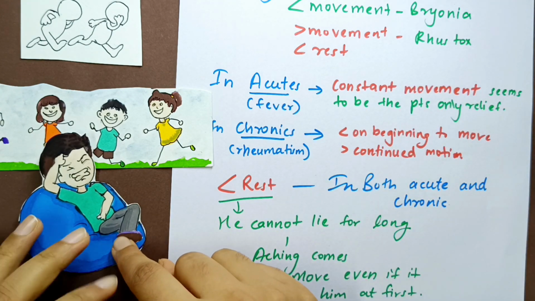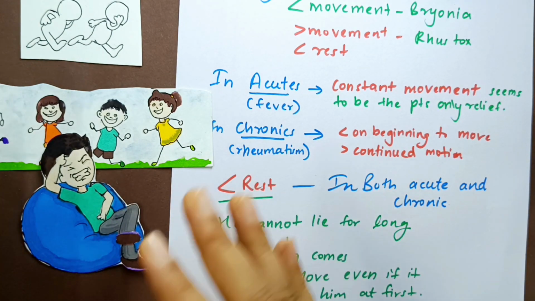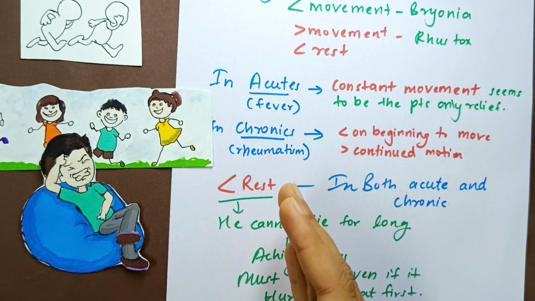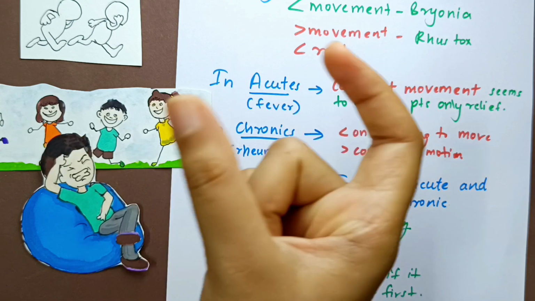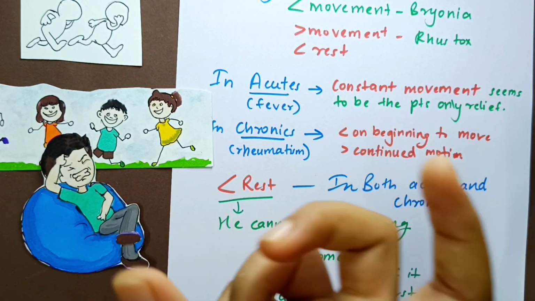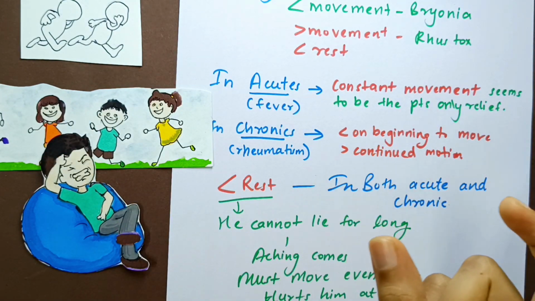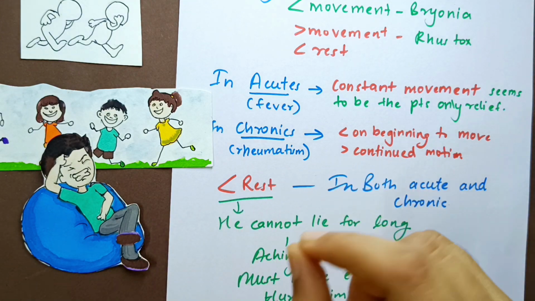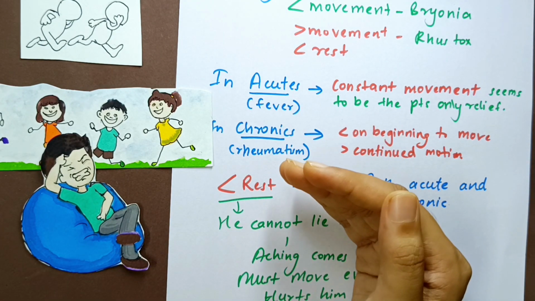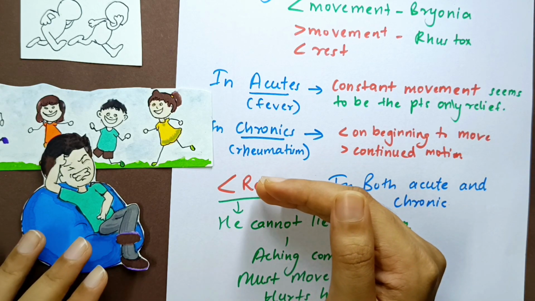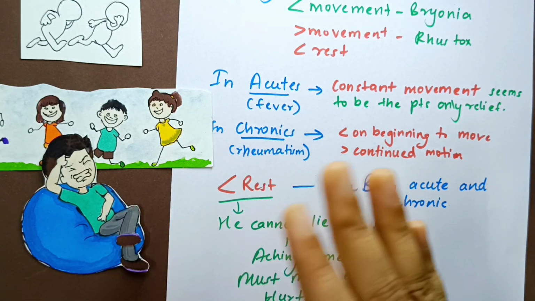So he gets up and starts to walk. Now when he starts to walk, in the beginning, for a few seconds, for a few minutes, his pain will get aggravated, so it will increase to more than it was when he was resting. So already when he was resting the pain was too much.